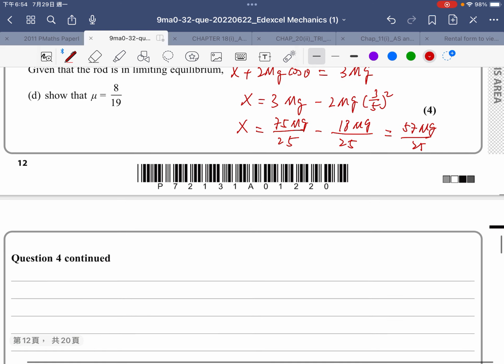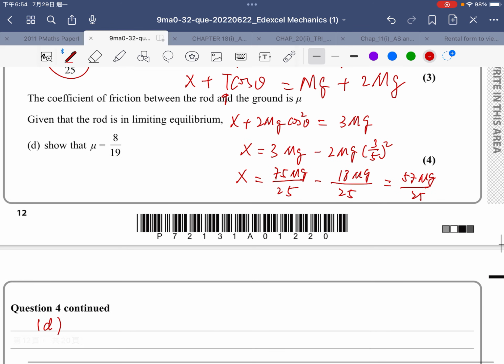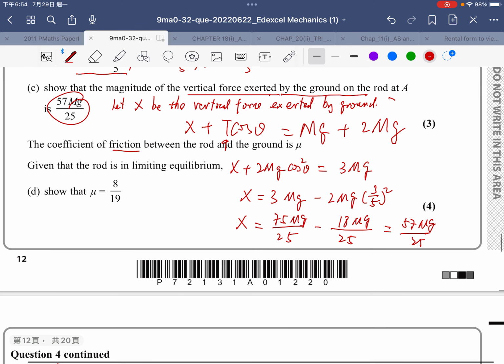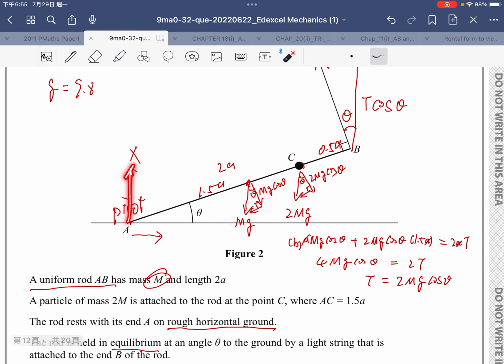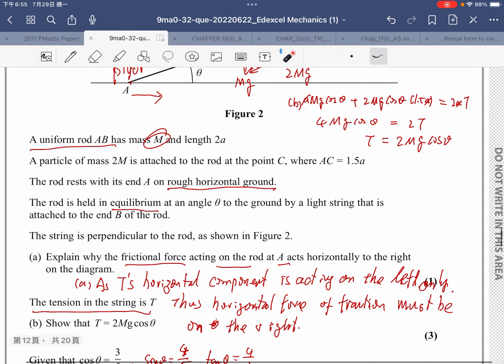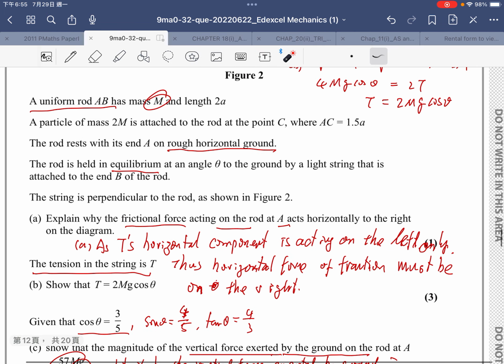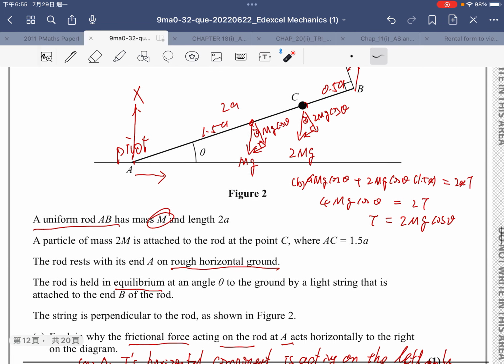Wow, so fantastic. Okay, for part D. Part D: the coefficient of friction between the rod and the ground is mu. Please be careful. That means the frictional force should be equal to mu times the normal force. Actually, this is a normal force; vertical force means normal force.